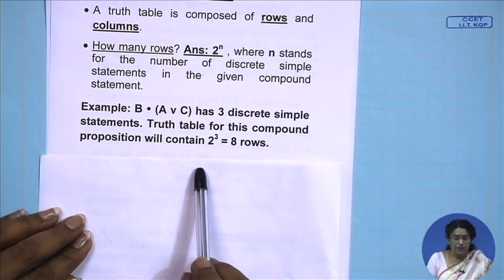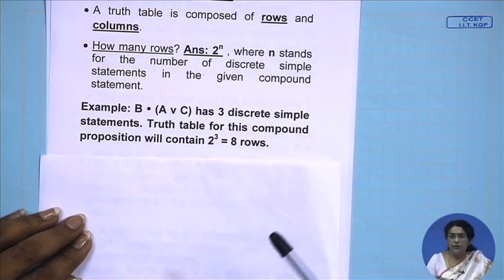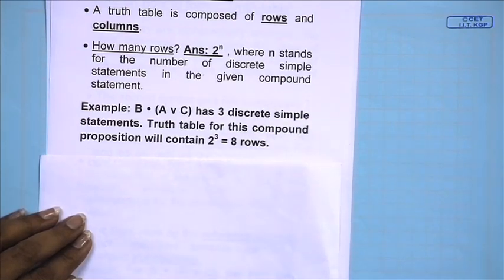Does it help? If you had 4 discrete simple propositions, how many rows are you going to have? 2 to the power 4, namely 16. So, this is how to compute how many rows you are going to have in a truth table. It depends on the number of simple propositions. It also depends on the number of truth values that your system allows, 2 to the power n in our case.